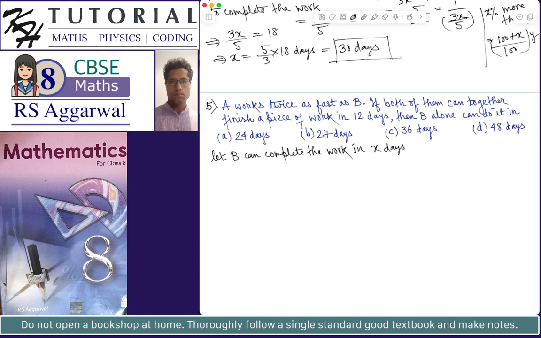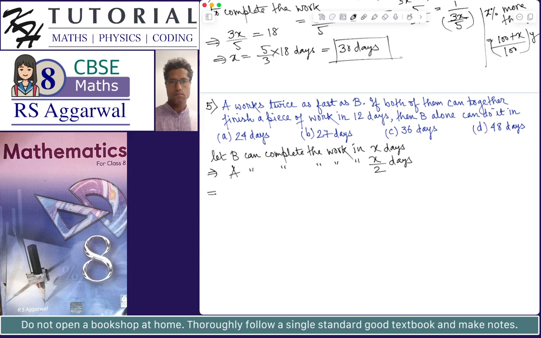Now, if B is completing the work in X days, it is given that A is twice as fast as B. So definitely A will take half the time as B. More speed means time taken will be less. So if A is twice as fast as B, it means that A will take half the time taken by B. So we can say that A can complete the work in X by 2 days.